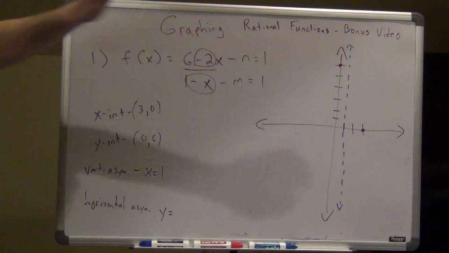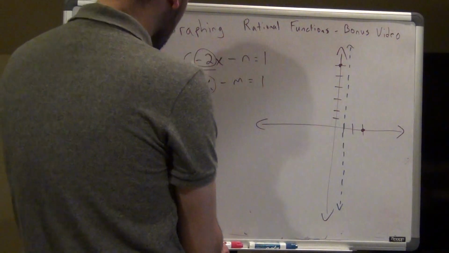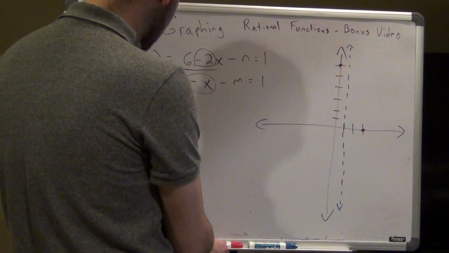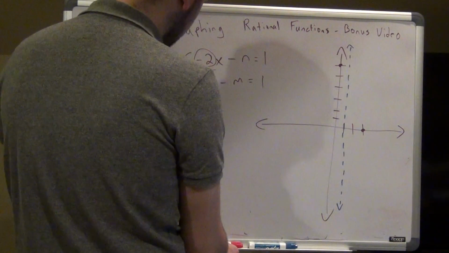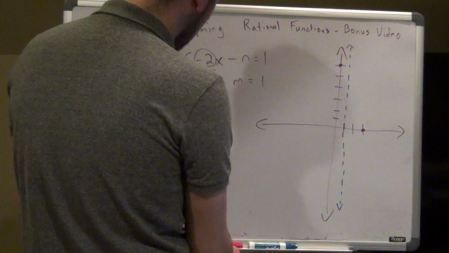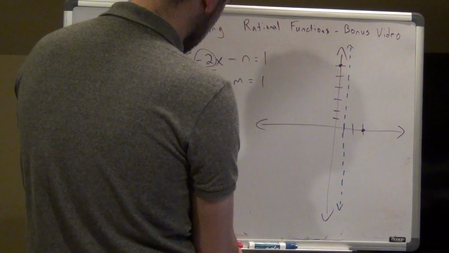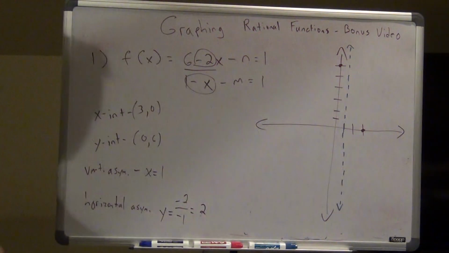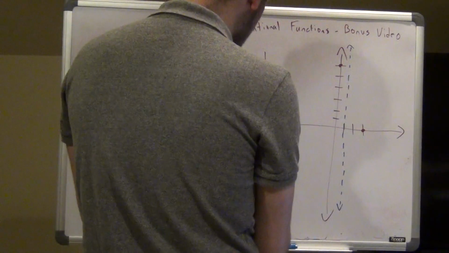So my horizontal asymptote would be y equals -2, the number in front of that x to the first. And this is technically a -1 in front of this one. So you divide them, and you would get +1. Or no, +2, excuse me. -2 divided by -1 is +2. So my horizontal asymptote would be at y equals 2.